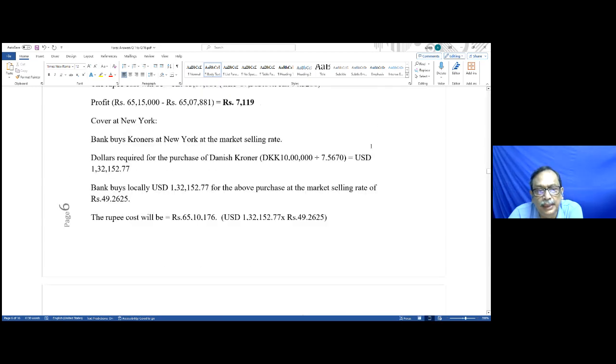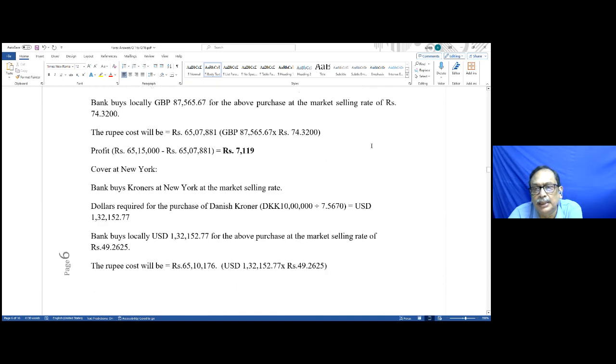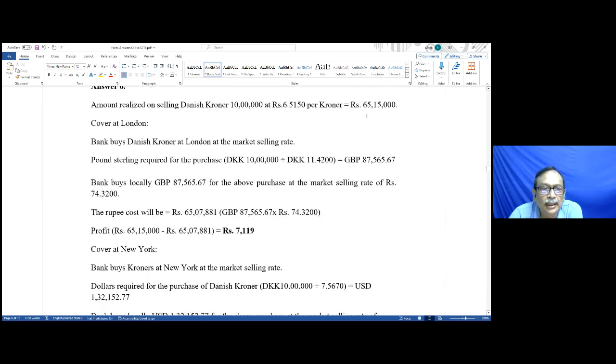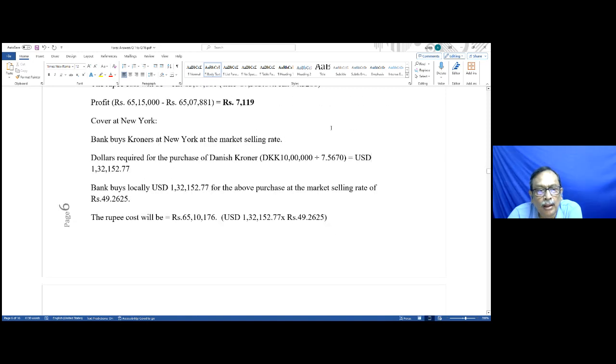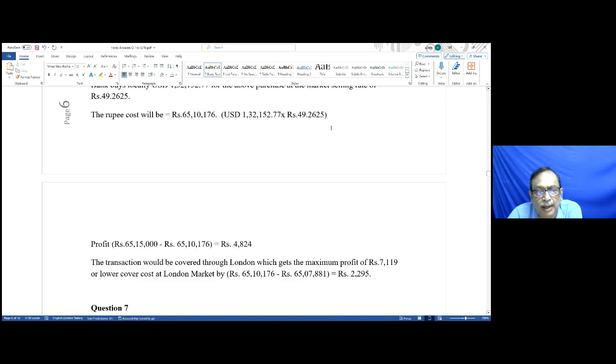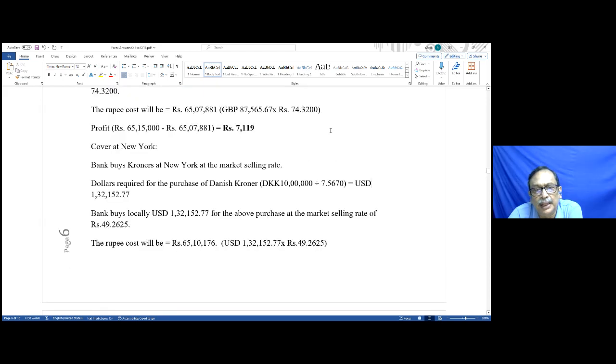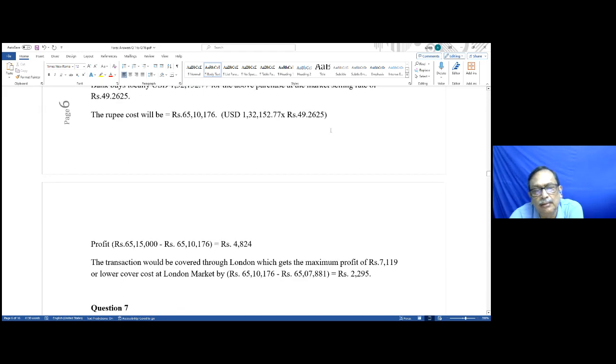Then profit will be 65 lakhs 15,000 that we have calculated, that is the amount realized on selling Danish kroner, minus 65,10,176. So profit comes to 4824.